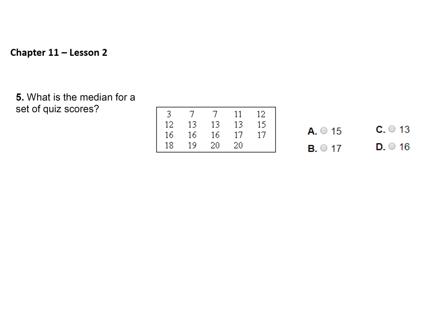So again, I'm going to say things to myself like left, left, left, left, right, right, right, right, and so on, until I reach the middle. It looks like 15 is my median number, which is answer choice A.